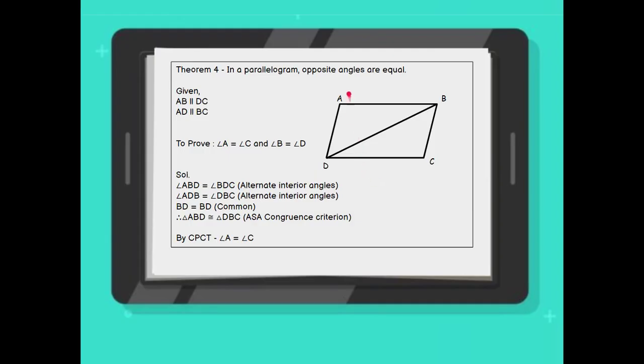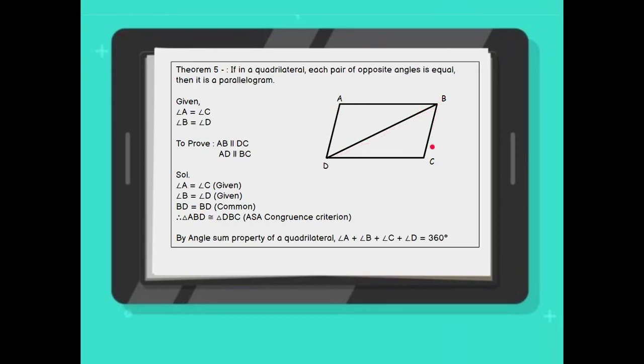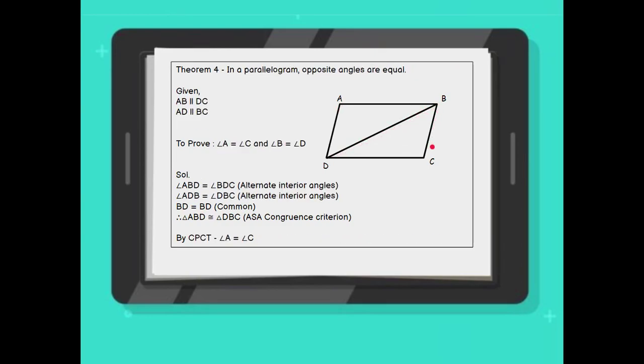And angle ADB is equal to angle DBC. So these are also alternate interior angles, and BD is common.